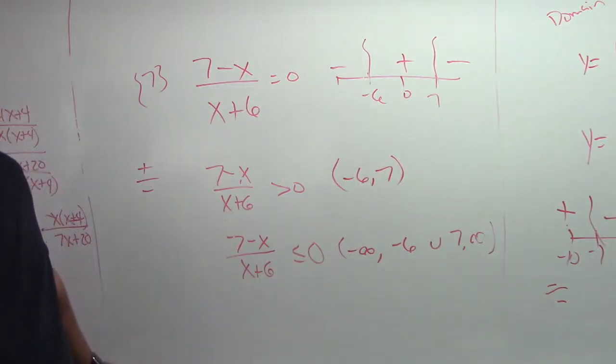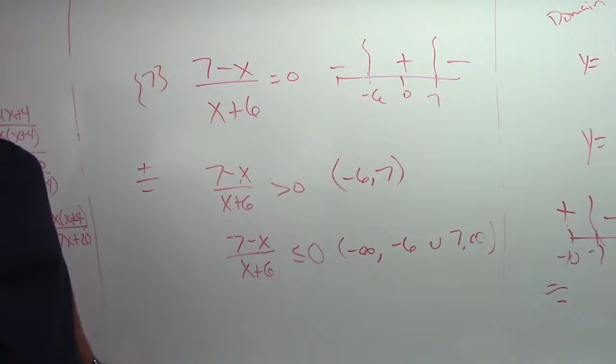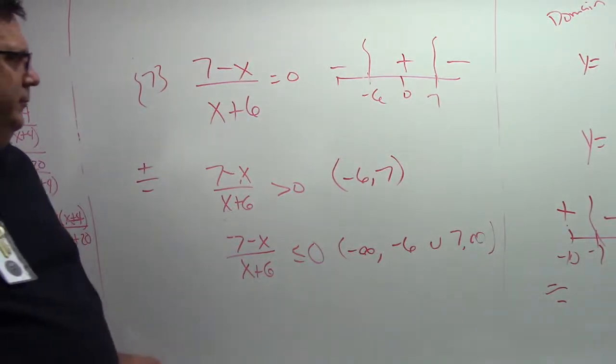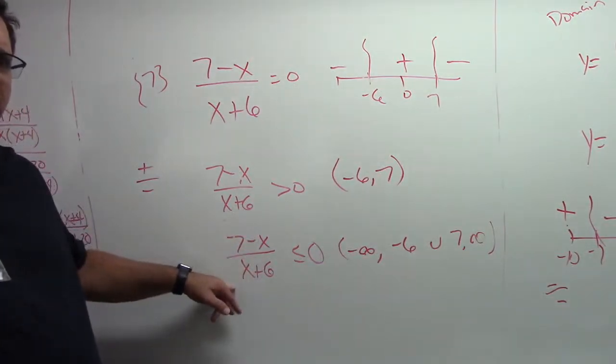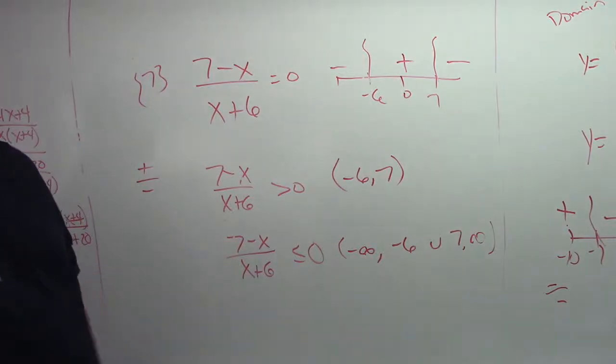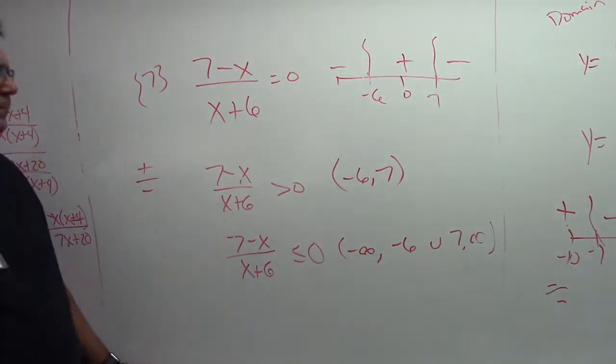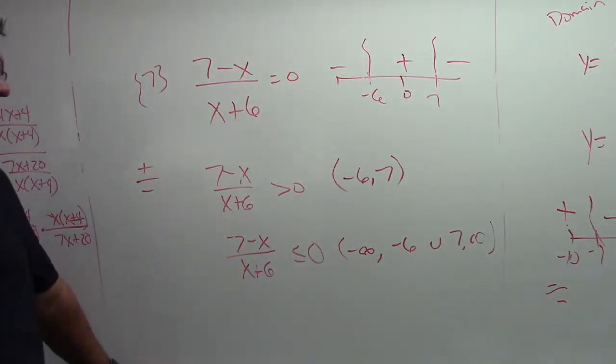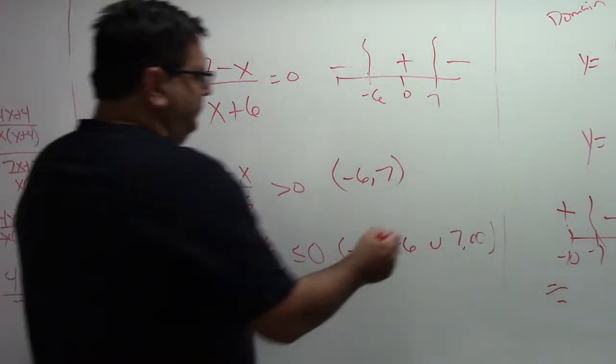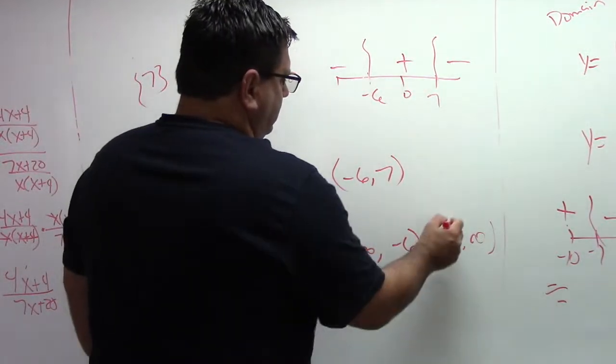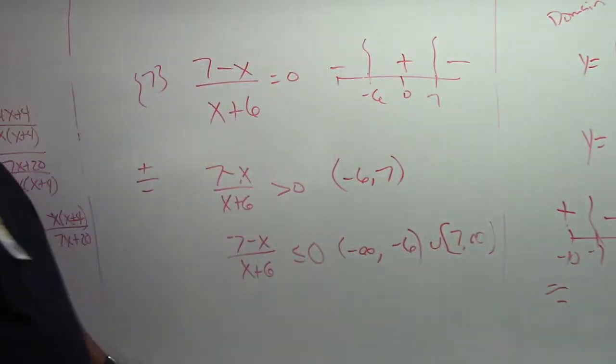Whenever you're saying what is greater than 0, you're plugging in what? I'm plugging in X values and I'm testing the actual Y value. Okay. Now, does negative 6 get a bracket or parenthesis? Parentheses. Why? It's not plotted. 7? Bracket. Because it's equal to. All right?